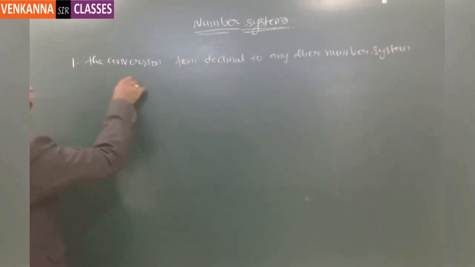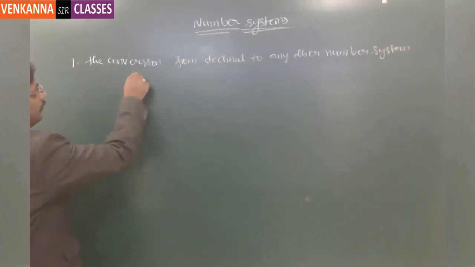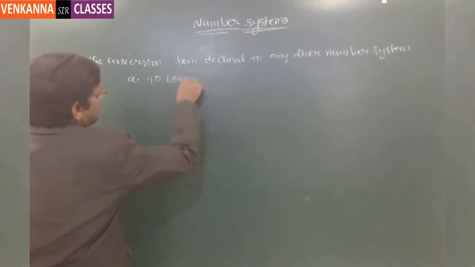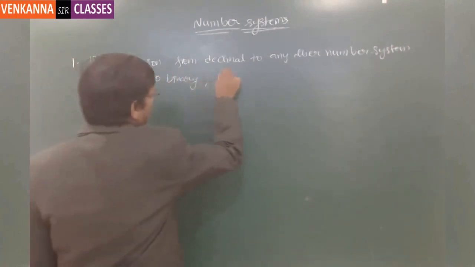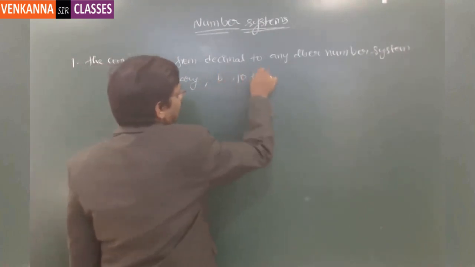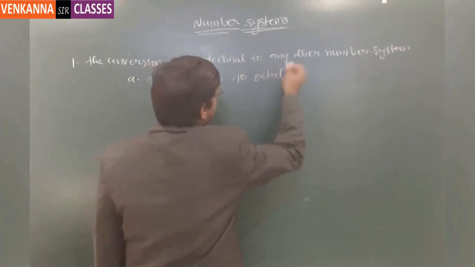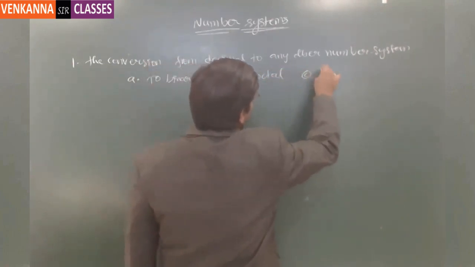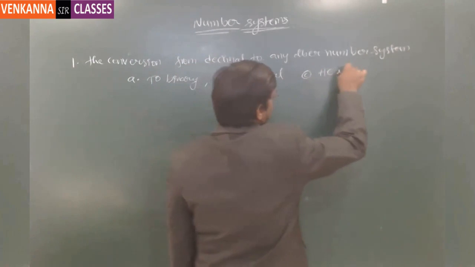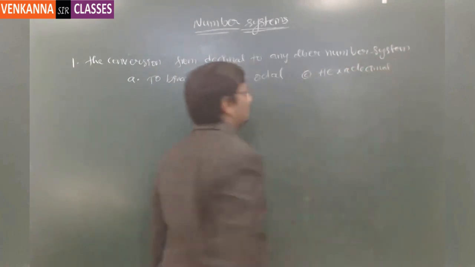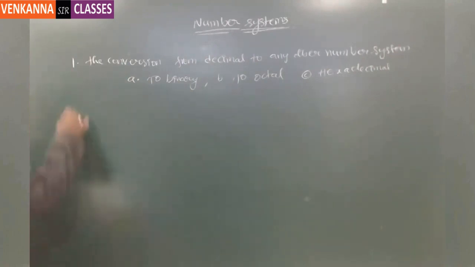We will discuss subparts: A is to binary system, B is to octal number system, and C is hexadecimal.